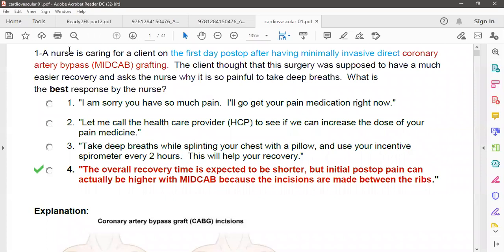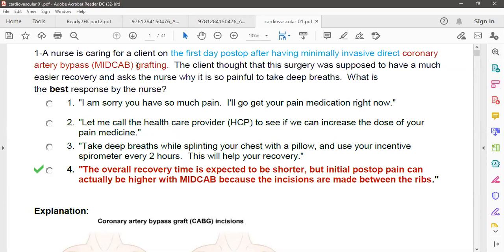Question: A nurse is caring for a client on the first post-operative day after having minimally invasive direct coronary artery bypass grafting. So an RN takes care of a patient after coronary artery bypass grafting on the first post-operative day.